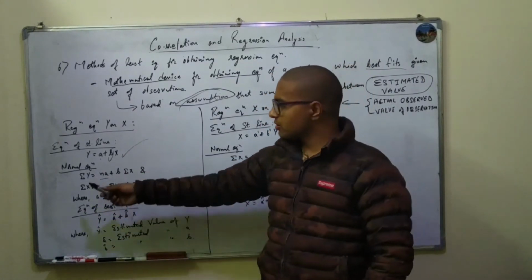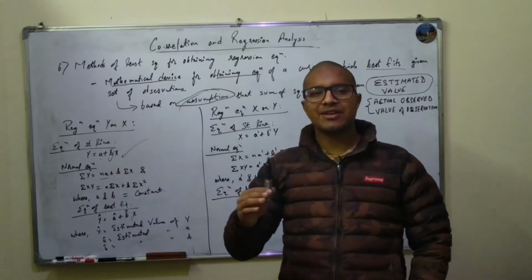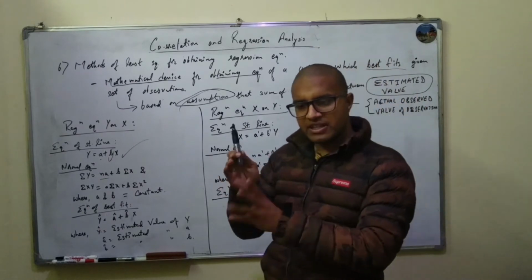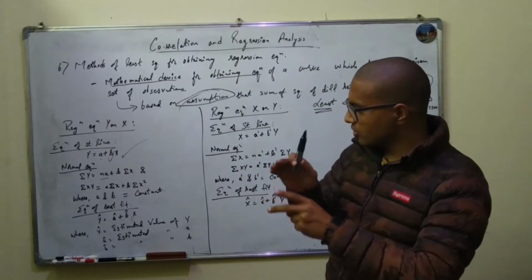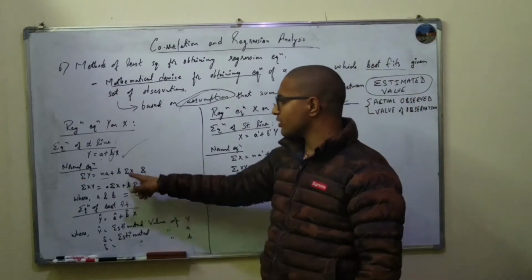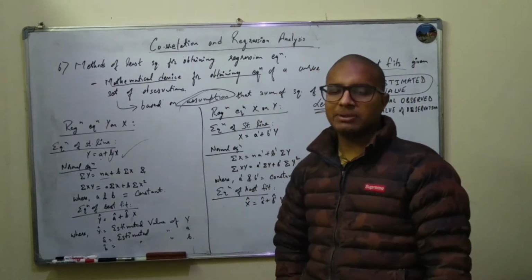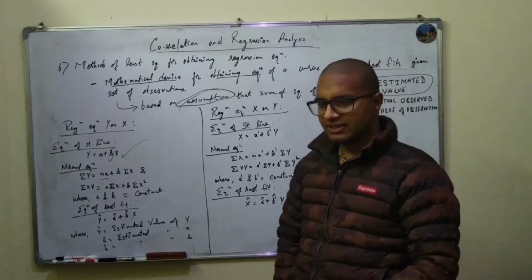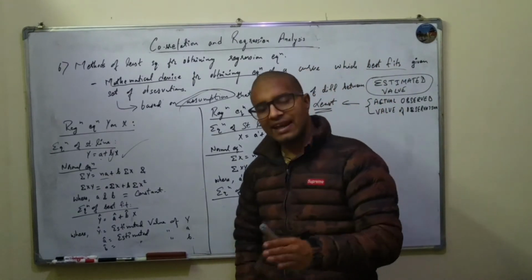All you need to remember is that summation y is equal to n times a, because whatever you're multiplying it with, suppose we are assuming that the number is something else. Okay, so we are multiplying it by n times a. In case of the third equation, we will multiply it by x.